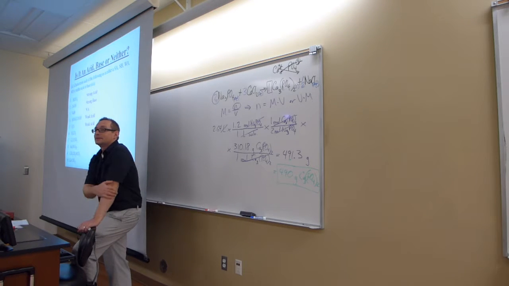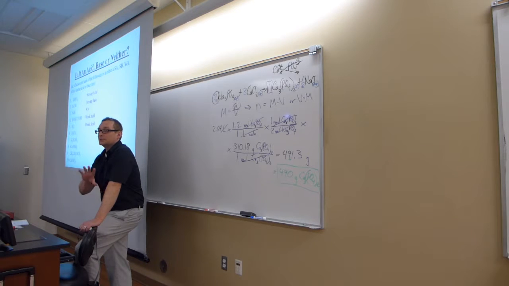Yeah, for number 4, you're just looking at the OOH, okay. If you see OOH, not just OH by itself, but two O's, then you know it's got to be a weak acid.